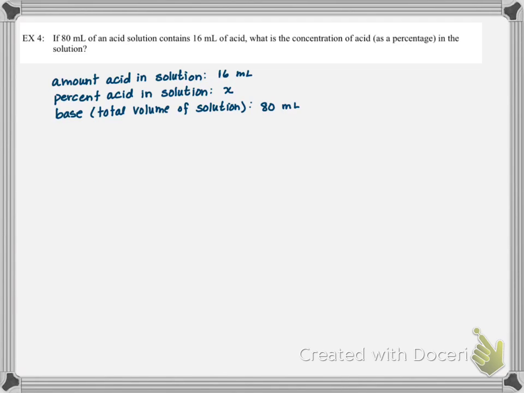So we have 16 equals X times 80, or you could write that as 80X also. It's a little more recognizable. Divide both sides by 80, we get X equals 0.2. So the solution is 20% acid. And it looked like all of you basically nailed that.